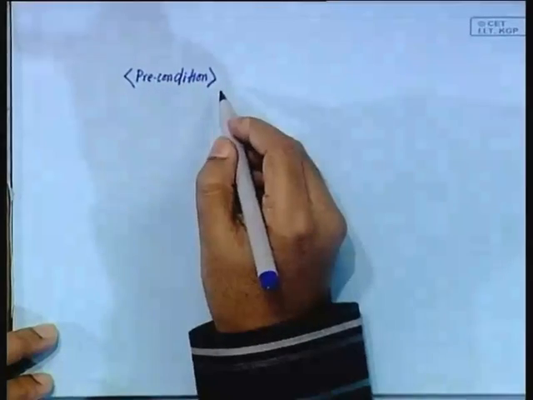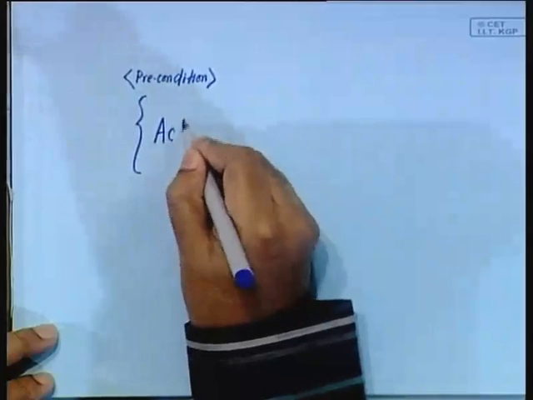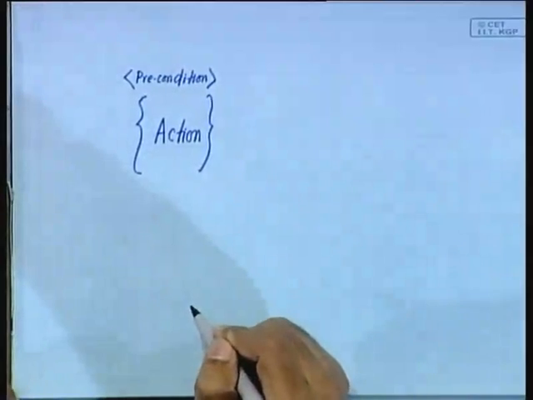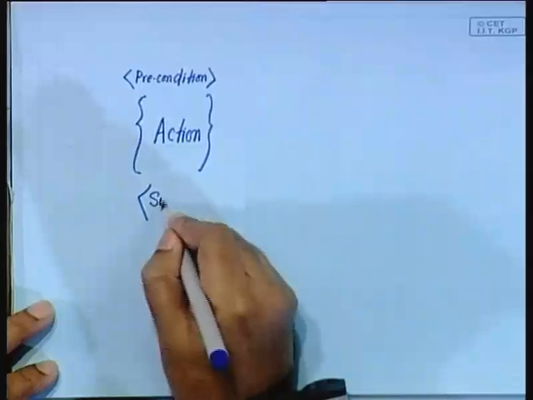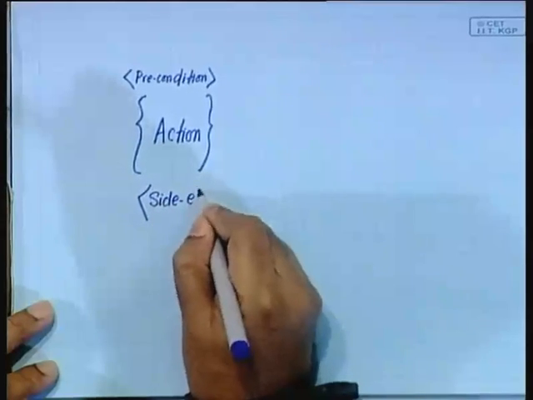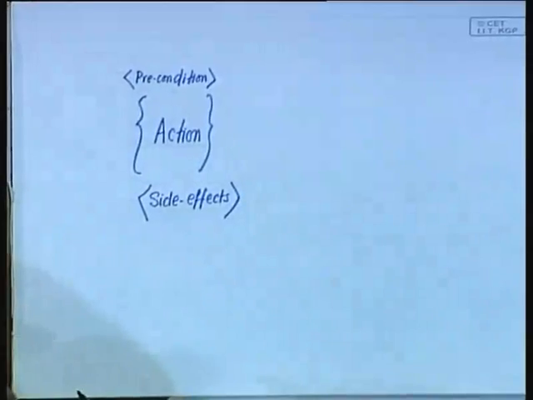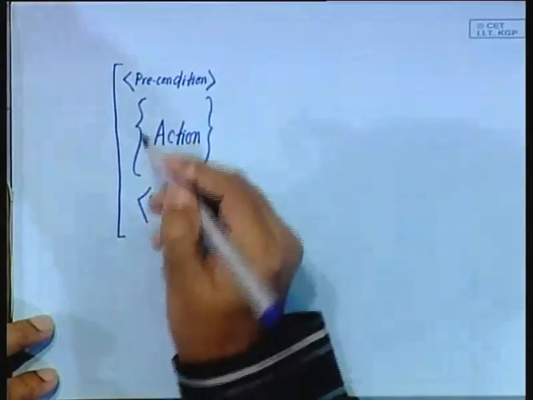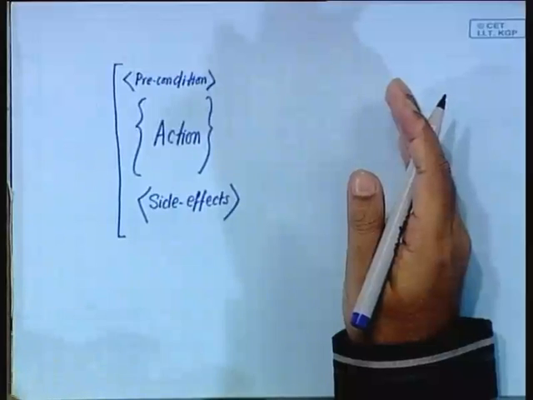Whenever this is satisfied, there will be some action which is executed, right, and this action will typically leave some side effects, or what you might call a postcondition, and this is going to be a process which is going to be replicated in many different sites.